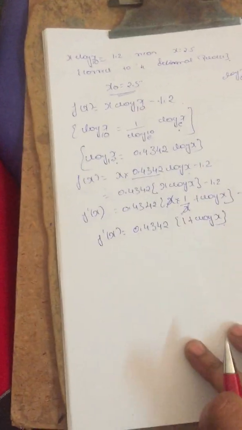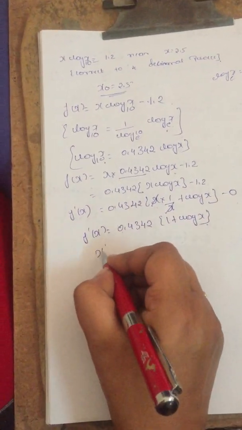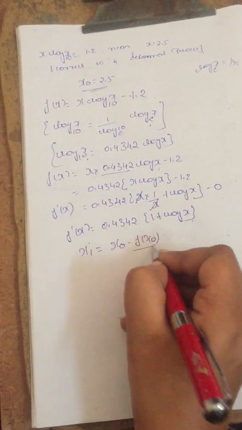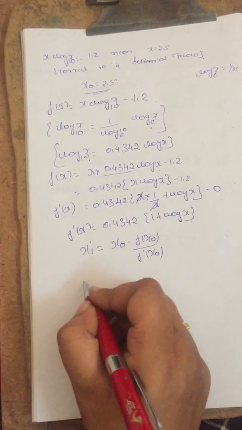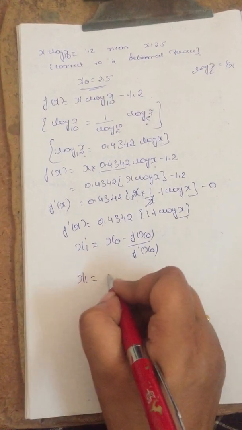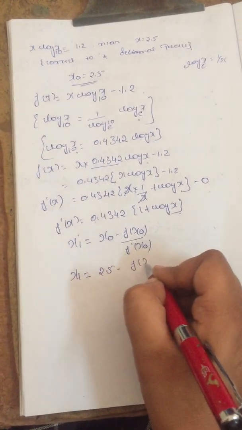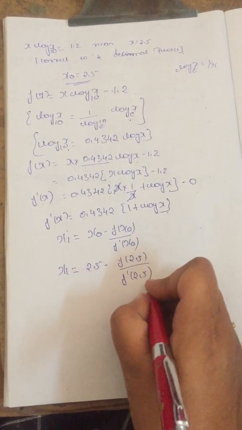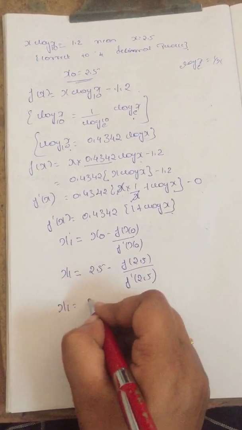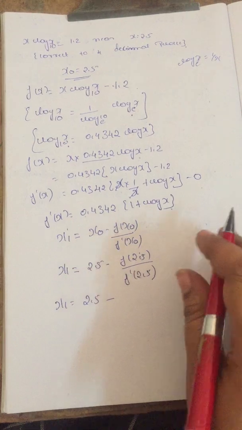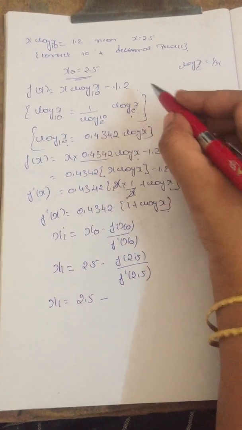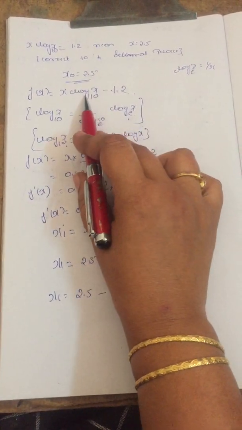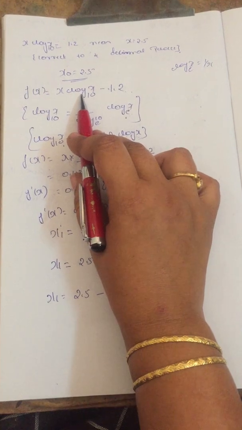Now we go to the Newton-Raphson method. The Newton-Raphson method states that x1 is equal to x naught minus f of x naught divided by f dash of x naught. So x1 is 2.5 minus f of 2.5 divided by f dash of 2.5. For f of x, you can take either equation. If you use this equation, use the ln button; if you take this equation, use the log button.